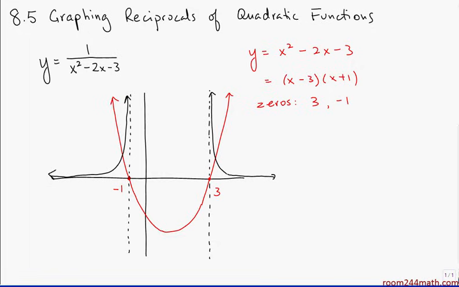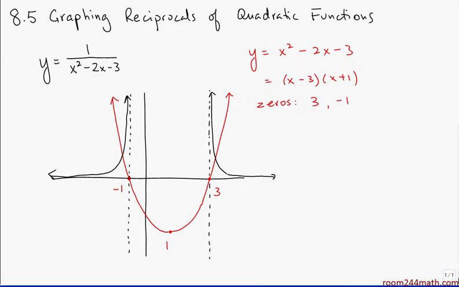Now, in the middle is where we have something a little different from what we saw with the reciprocals of linear functions. It's helpful to identify the vertex. The vertex is going to be halfway between the zeros, and so halfway between -1 and 3 is 1. So let's identify this point right here.